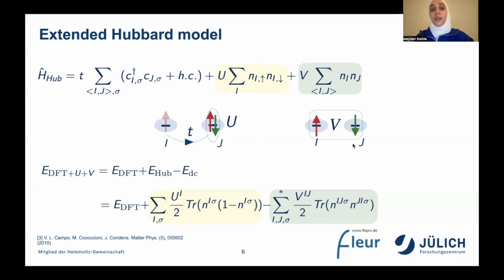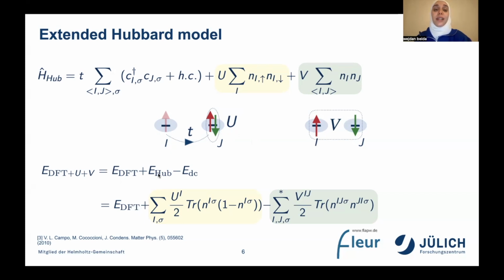How do we achieve this? Electrons which are not involved in strong correlations are treated using standard DFT, while only correlated electrons are handled via the Hubbard model.